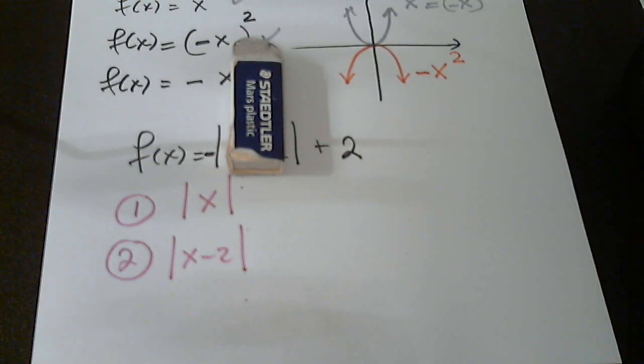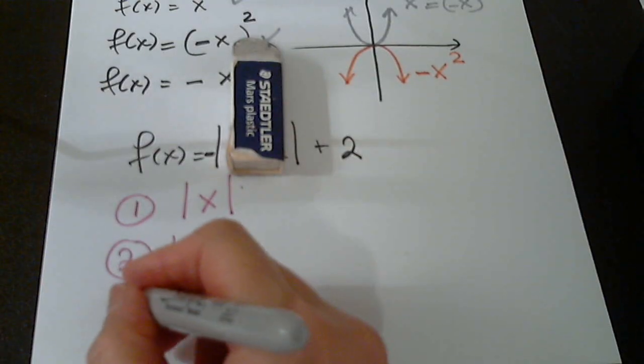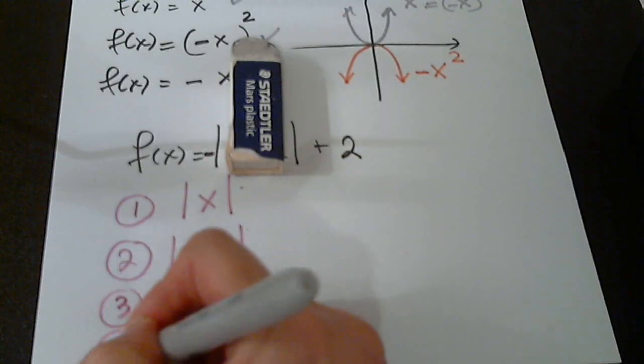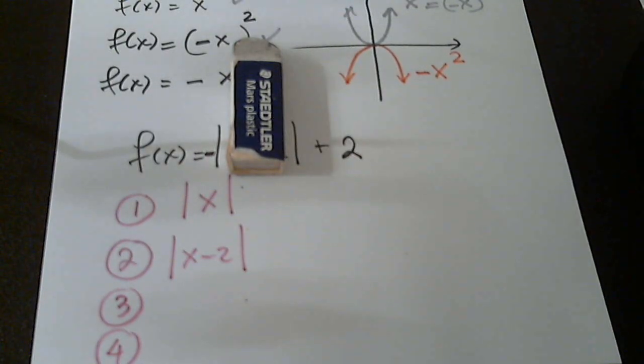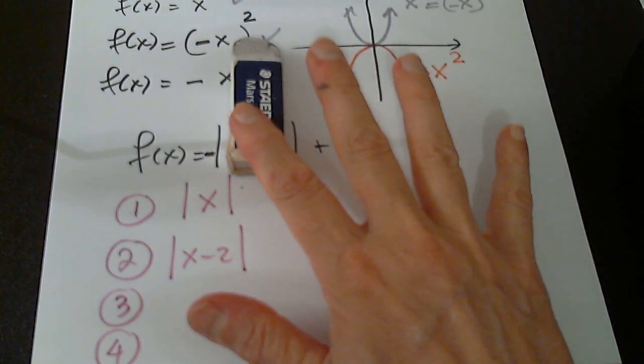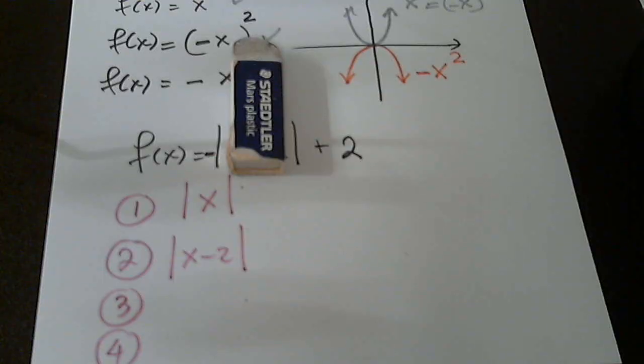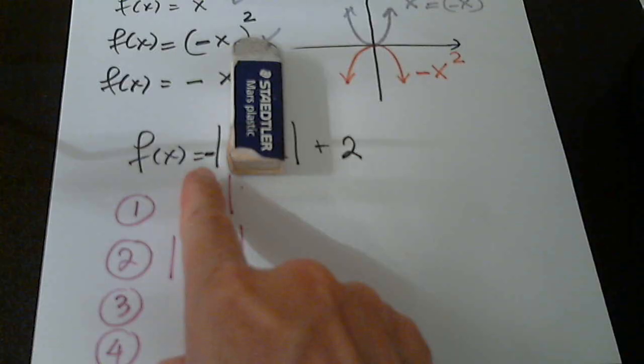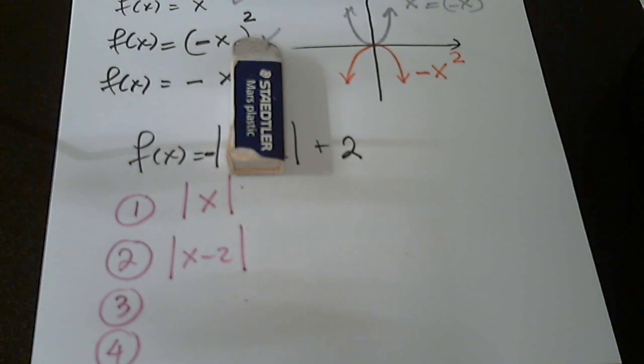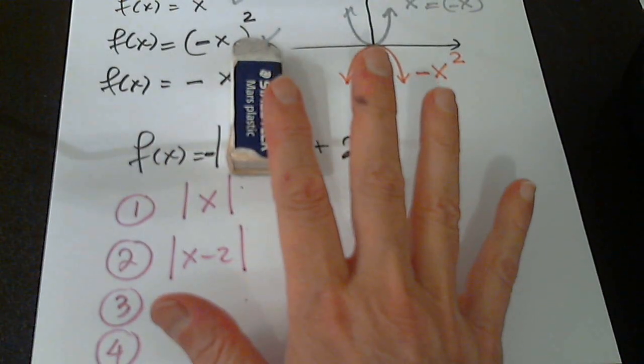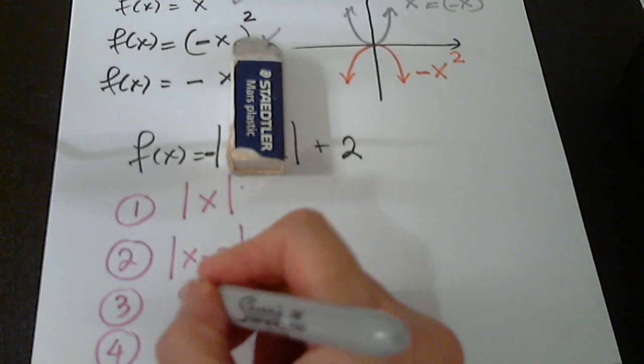Which operation do I apply next? After I find this, what is the next step in order of operations? What do I need to do next? Distribute that negative? I will not distribute because it's the absolute value, but I have to multiply by negative 1.